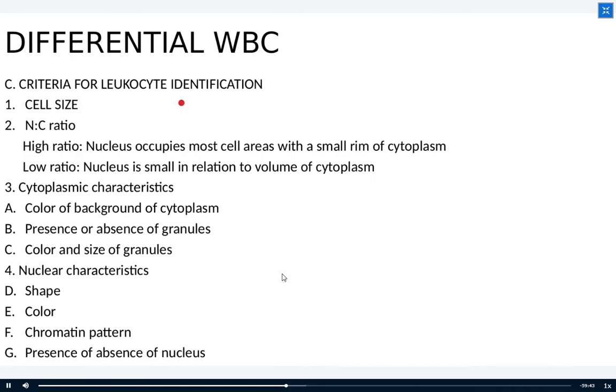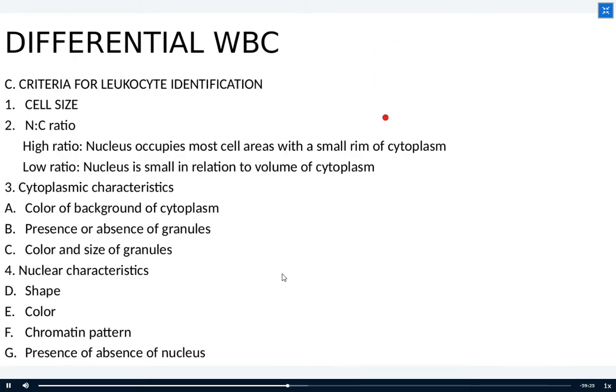Okay. Now, whenever you're going to read your WBC, take into consideration the following: the cell size. If the WBC is large or small, because some WBCs are big and some are small. Then you also need to consider the nucleus-cytoplasm ratio.